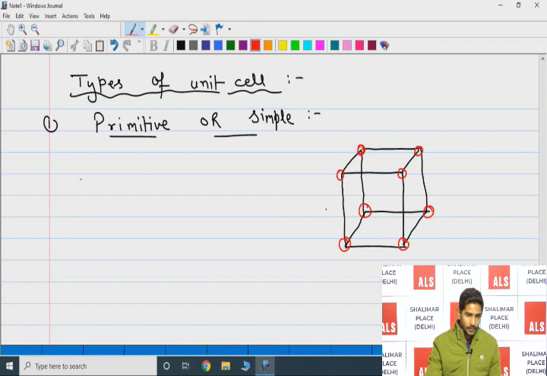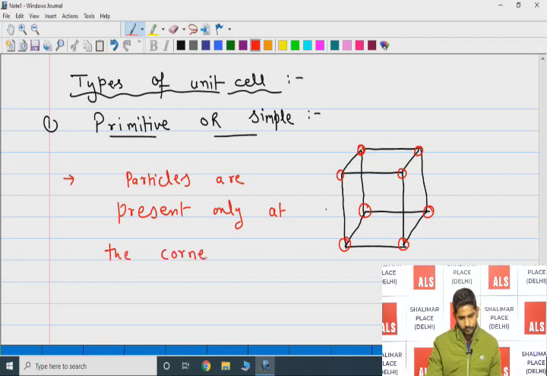So here we can say particles are present only at the corners. Please copy it.